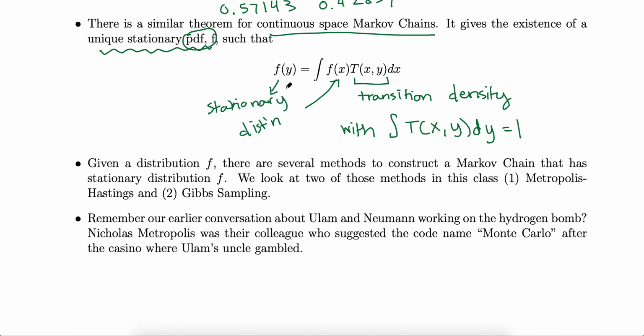But there have been several different techniques developed to construct a Markov chain, to define this transition density so to speak, where we're guaranteed to converge to that stationary distribution of interest.